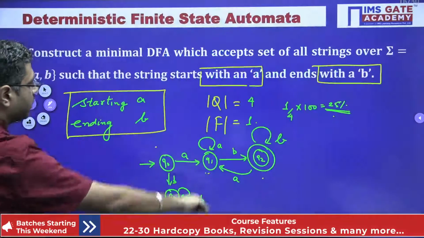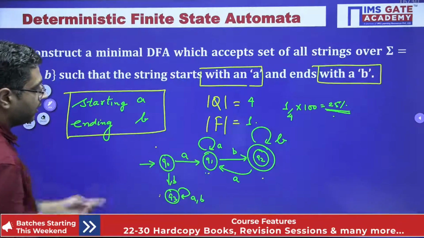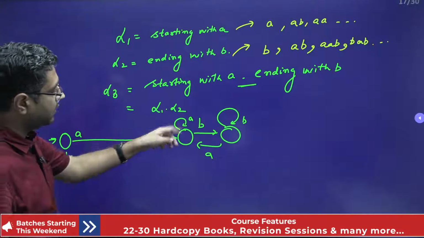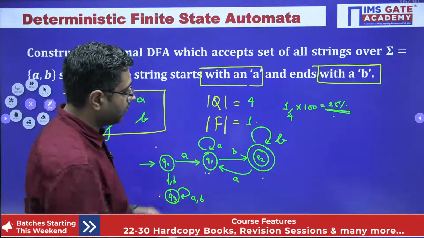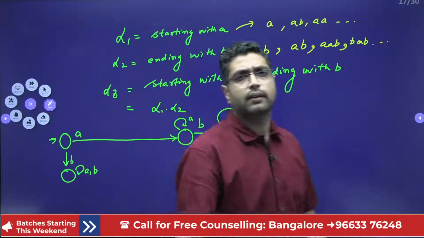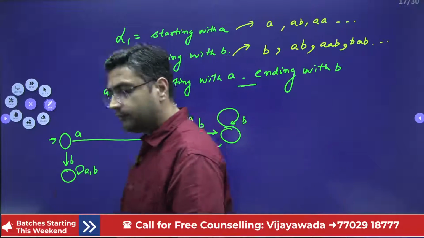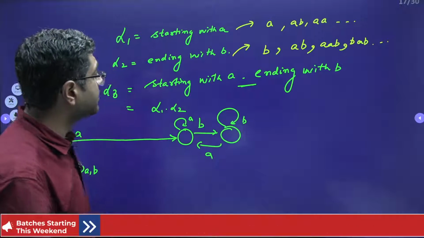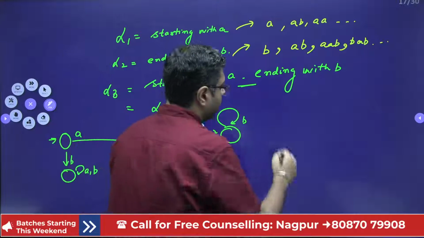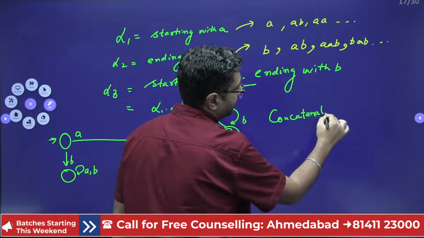Now if you compare it with what we made earlier, it's exactly the same. On B you are going to this state AB, on A you are going to this state in which there is a transition on A, and on B it is going to Q2, exactly the same. So are you getting this point? You can also do the concatenation of the DFAs the way we discussed.